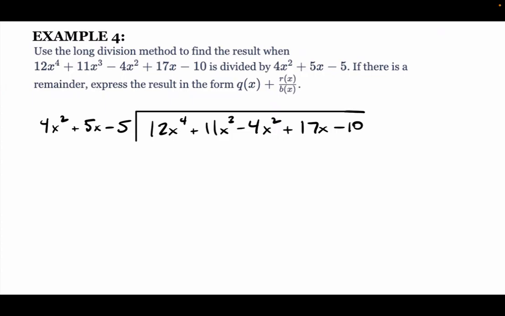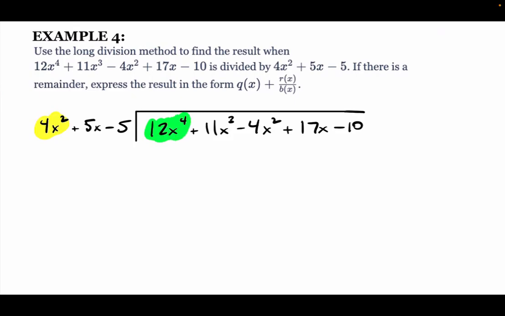So the inside looks the same. The outside is a trinomial. We've always had binomials. It's not going to change anything. We're still playing the same game that we did on the last 2 examples. Okay, got it. All right. So first guy, match the first guy.